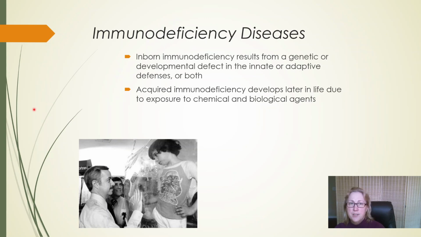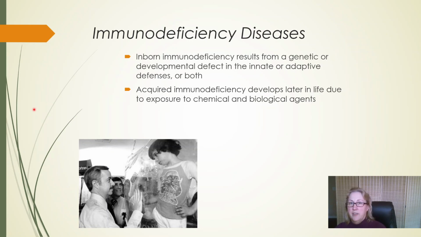Besides autoimmune diseases, we also have diseases of immunodeficiency, and many of these are genetic and are present at birth, but they can also happen later in life, usually due to exposure to chemical agents. Sometimes it happens deliberately because the person has a white blood cell cancer, like some kind of leukemia, and the treatment for the leukemia gives them a permanent immunodeficiency.